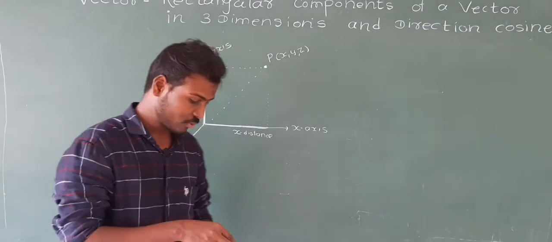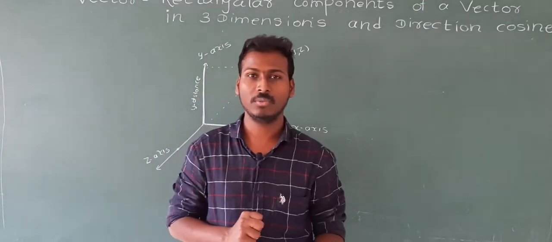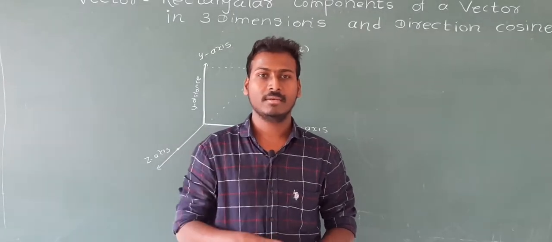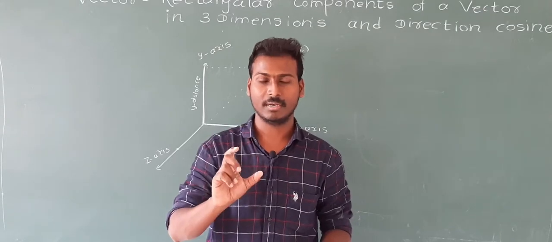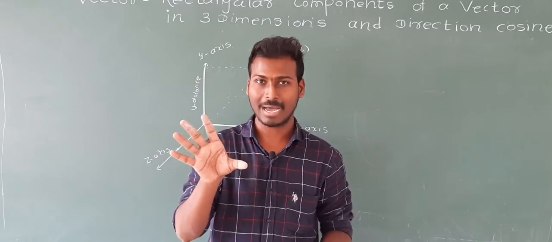Okay, now see, I have told you in a previous part, if you want to draw any vector, you just put a bar on that vector. Let's say a force quantity, we represent it by F bar.